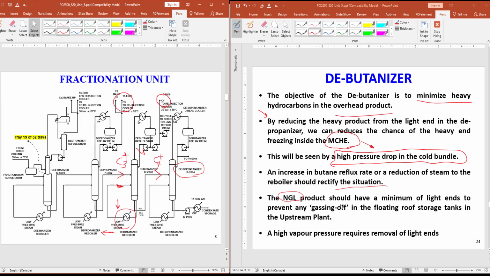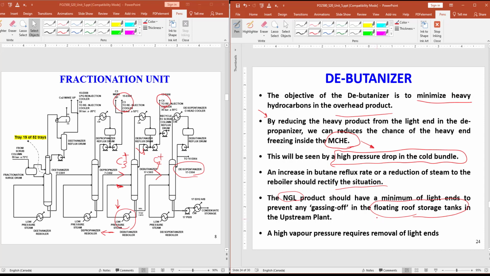The NGL product should have a minimum of light ends to prevent any gassing up in the floating roof hazard. The NGL products will be sent at the end for storage, in storage tanks that are usually floating roof type. You might have seen floating roofs in your other courses, like PO 1150.